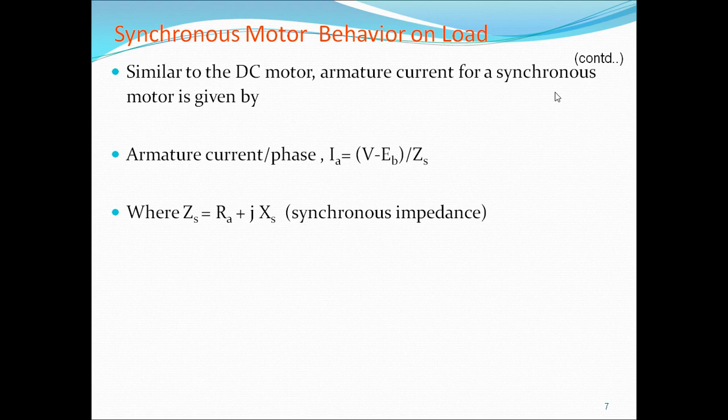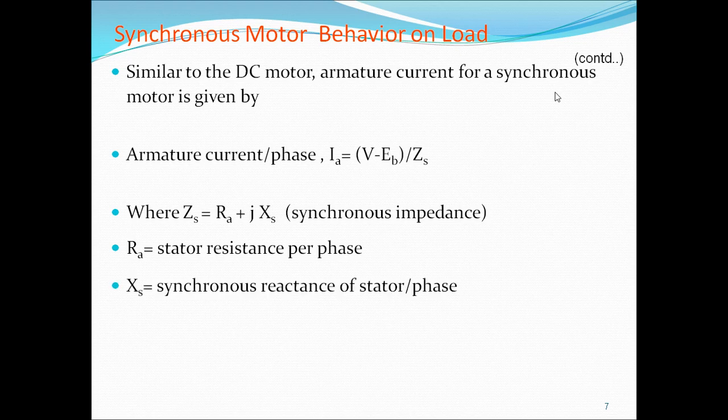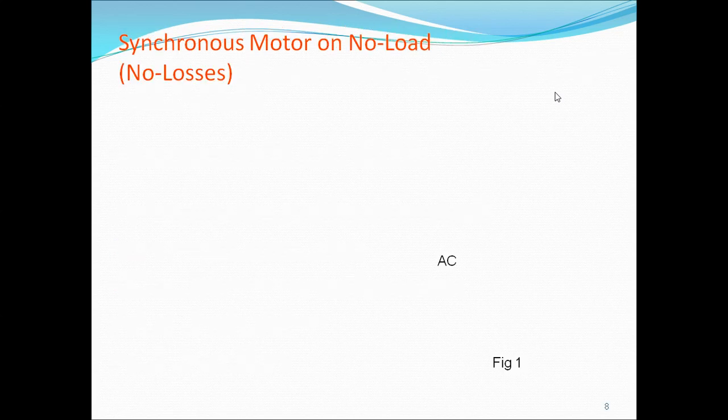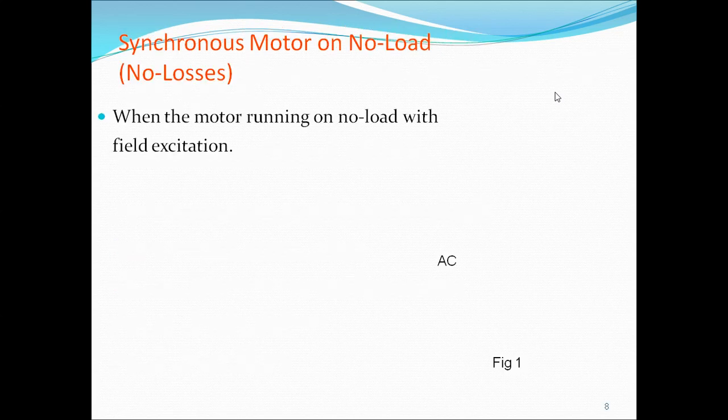The synchronous impedance is the combination of armature resistance and synchronous reactance, where Ra is the stator resistance and Xs is the synchronous reactance of the stator, V is the supply voltage of the synchronous motor, and Eb is the back EMF of the synchronous motor.